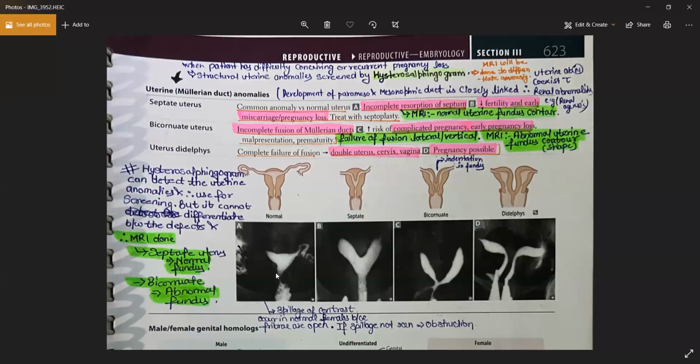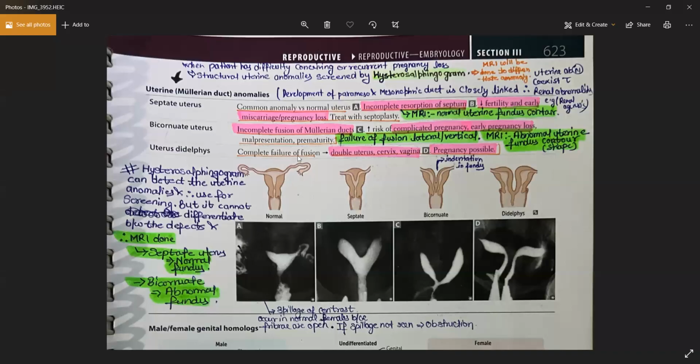For a normal study, you will see all the structures which are present: the vagina, the uterus, the fallopian tubes, and then you will have spillage of the contrast, because these fallopian tubes are open, and then you have the ovaries here, right? Because these ducts are open, you will have a spillage of contrast here, which you can see. If you do not see any spillage of the contrast, that means there is some kind of blockage in the fallopian tube.